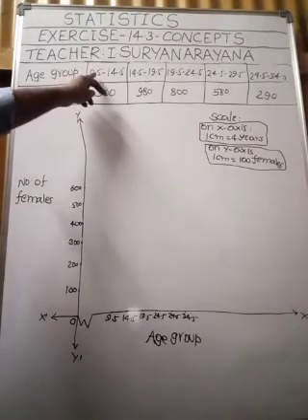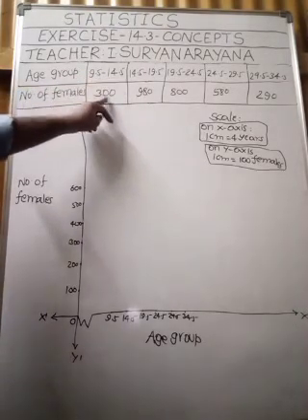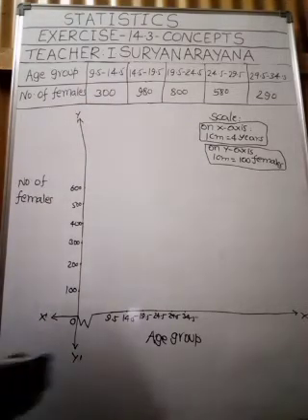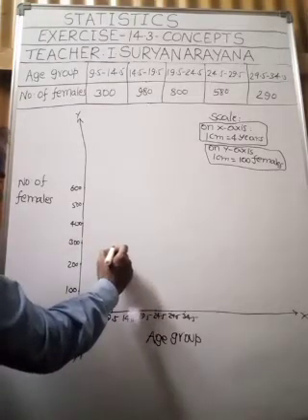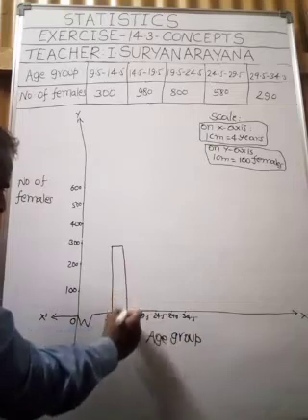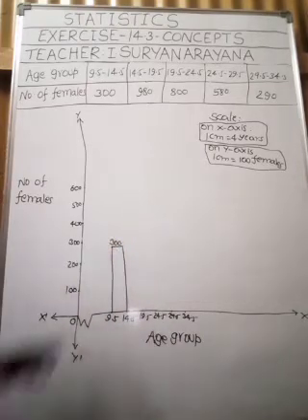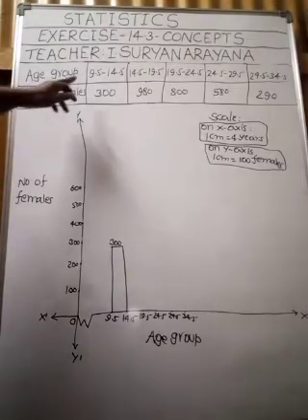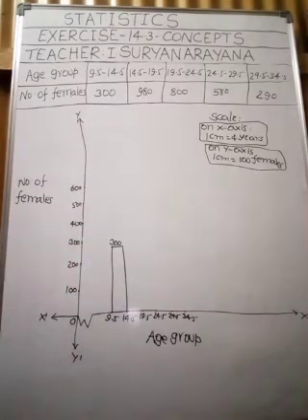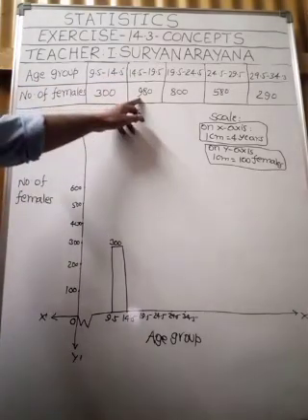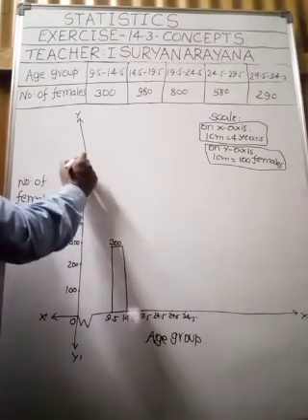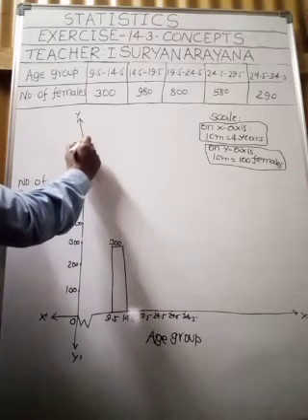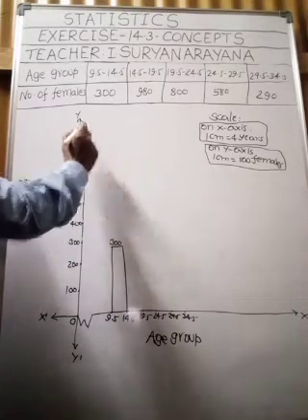Now, first class 9.5 to 14.5. How many females? 300 females. So, we have to draw a rectangle at 300. Understood this rectangle, my children? For the first class, we have drawn a rectangle. Now let us take the second class, 14.5 to 19.5. How many females? 980. Here 700, 800, 900, 1000.